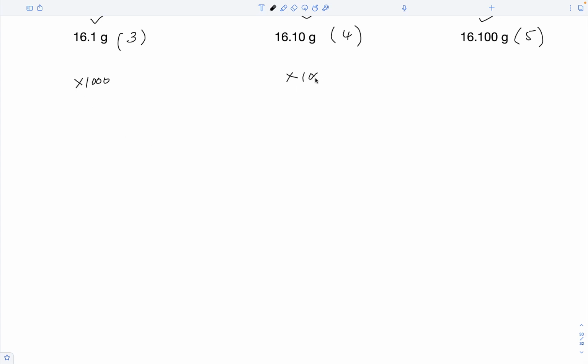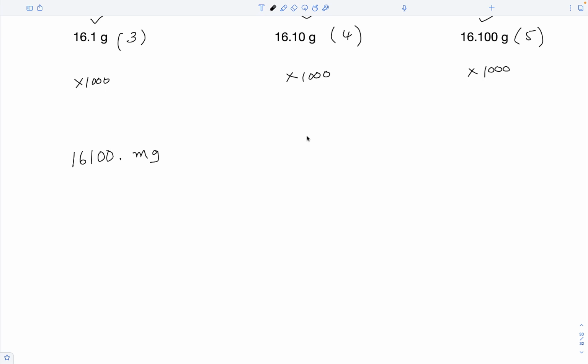Now for some reason, we wanted to convert them into milligrams. For that, you have to multiply each of these measurements with 1000. And during multiplication, for each zero, you have to move the decimal point by 1 place to the right. So for 3 zeros, we have to move the decimal point by 3 places to the right. So the first measurement becomes 16100 dot milligrams.